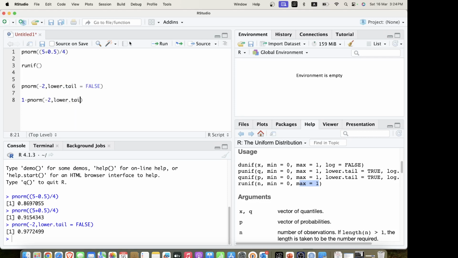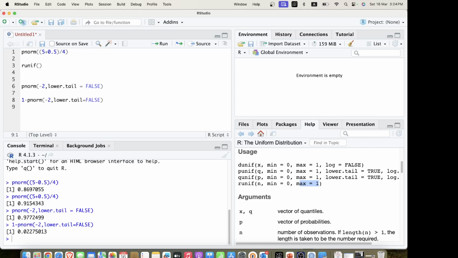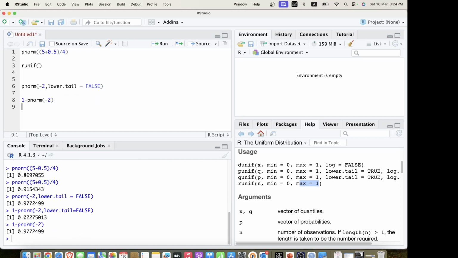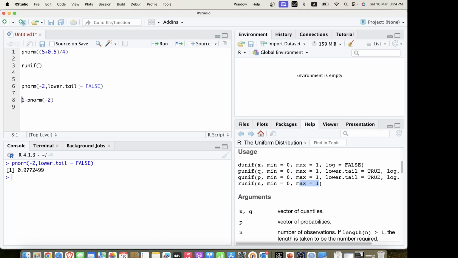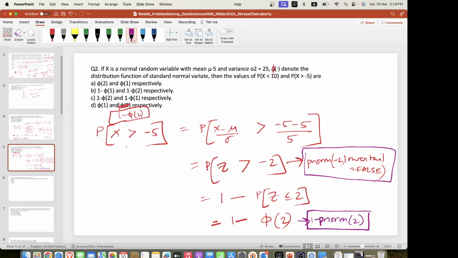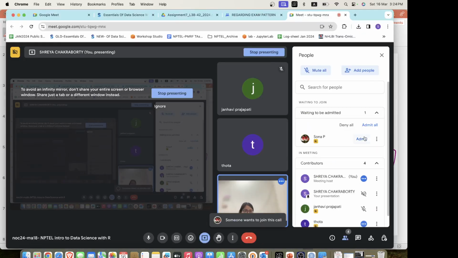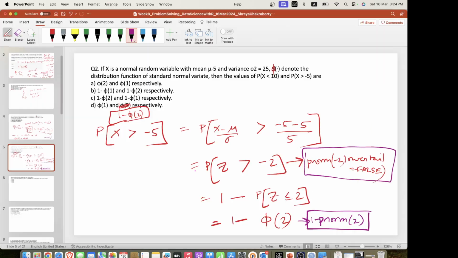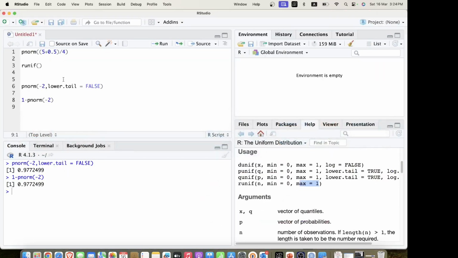Sorry, lower.tail is TRUE by default. So this is 0.977. This is also 0.977. Is it okay?